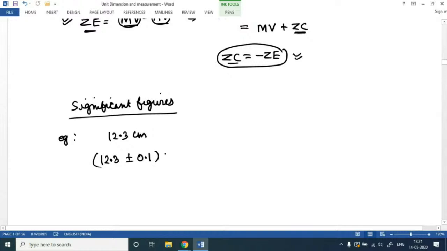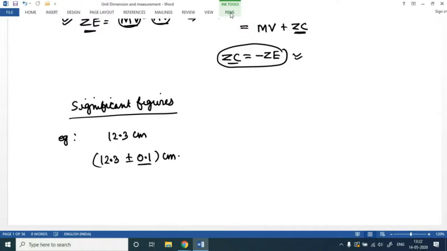So basically this is your reading. You cannot be sure about whether it is 12.27 or 12.35, etc. You cannot be sure of that, because the least count of the meter scale is only 0.1 centimeter.